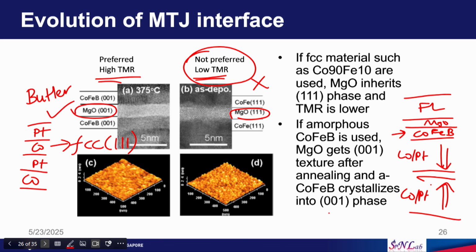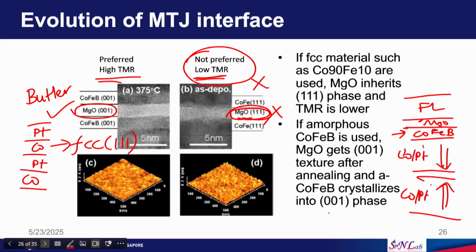Okay. So, if this cobalt platinum is FCC 111, if you grow this magnesium oxide directly on top of this, then magnesium oxide will grow in this 111 texture, then you will have low TMR. Okay. So, we do not want this one.